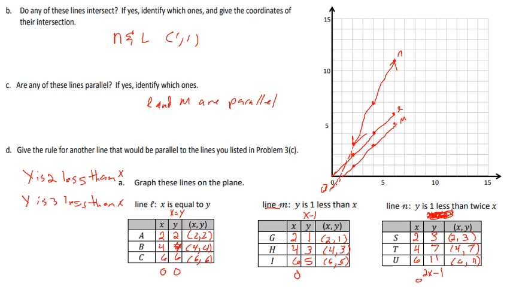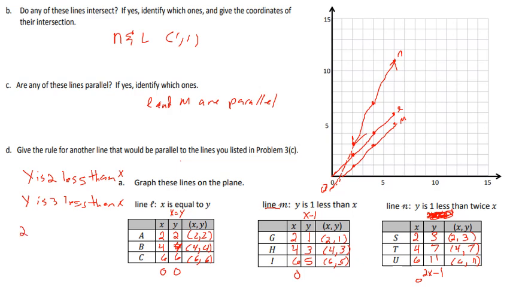Now, what about if I said y was 1 more? Would that have been parallel? Well, let's see. Let's take these same numbers, 2, 4, and 6, and I'm going to do it over here just to show you.